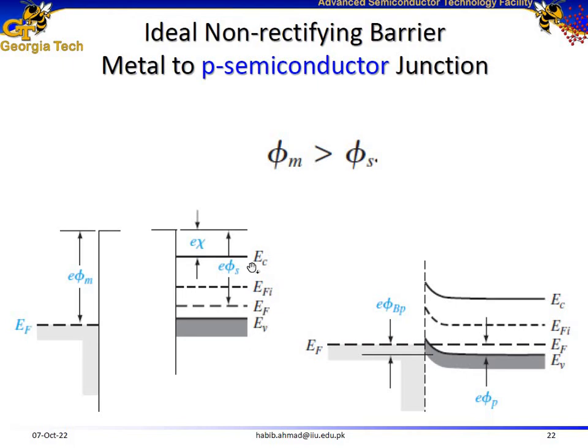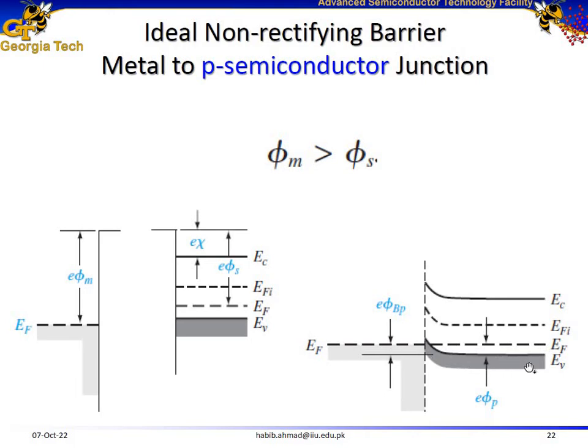Then you place together the semiconductor, which is P-type, and the metal, and now this Fermi energy level is slightly higher as compared to this, and under thermal equilibrium it should be constant, so you drag it down and all the other energy levels would also bend downwards.